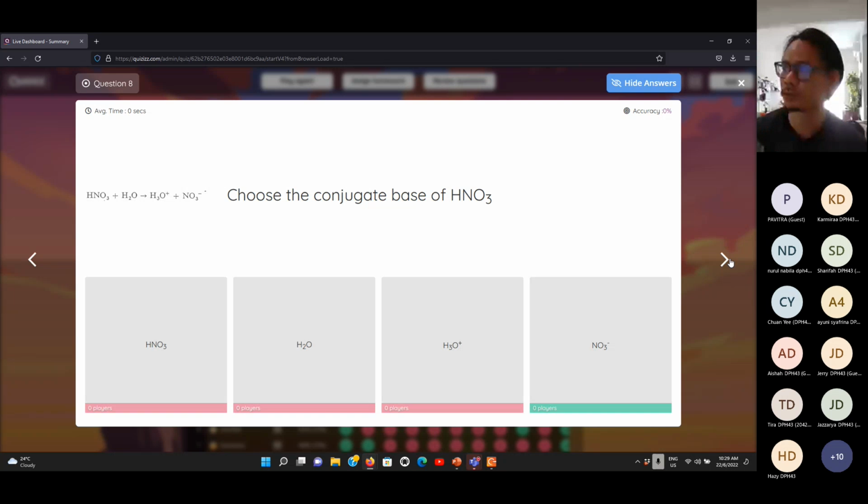So choose the conjugate base untuk HNO3. So kalau kita nak cakap tentang conjugate base, that means a species yang sudah kehilangan H. So in this case, tolaklah H from HNO3 tu, jadilah NO3-. So from the options, jawapannya adalah the last one, NO3-.